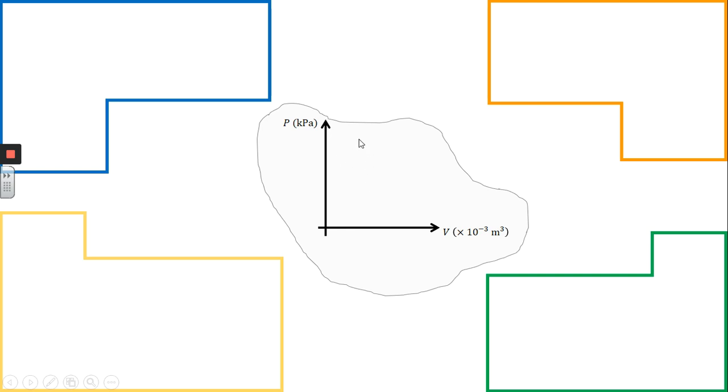So let's start here in the top left corner. This is our low volume, high pressure state. That was state A. So it's in the top left corner of the graph. We're going to put state A in the top left box up here. Now let's move along. State B was in that high pressure, the 900 kilopascals, and that high volume region of the graph. So we're going to put state B over here.